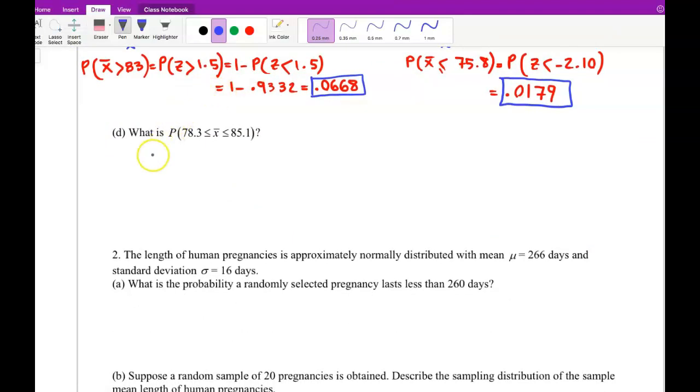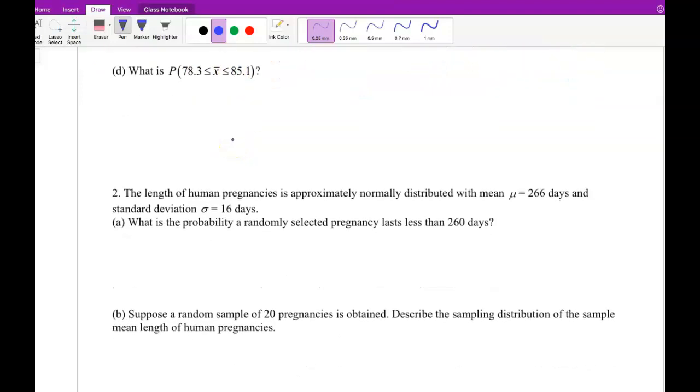Now part D, what is the area when x bar is between 78.3 and 85.1? Okay, so again, instead of x bar, we need to find z.